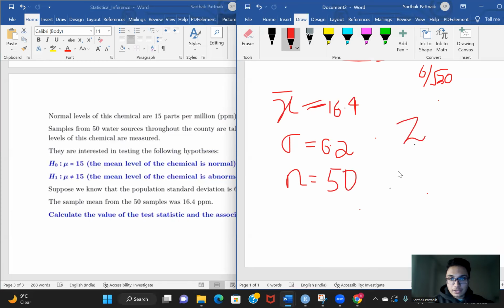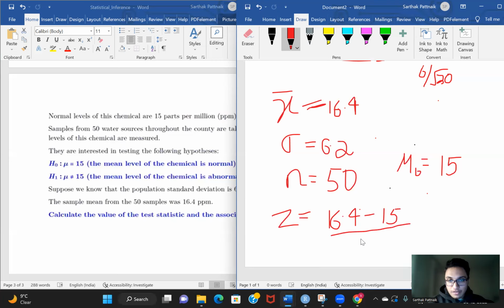First, we will calculate the z value. Remember, mu naught this time is not 0, it is 15. So what will my z value be? 16.4 minus 15, divided by 6.2 by square root of 50.